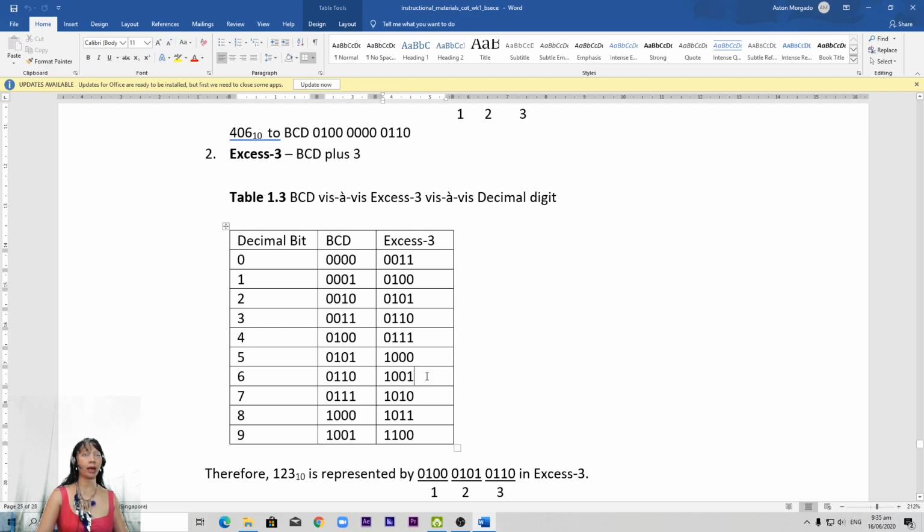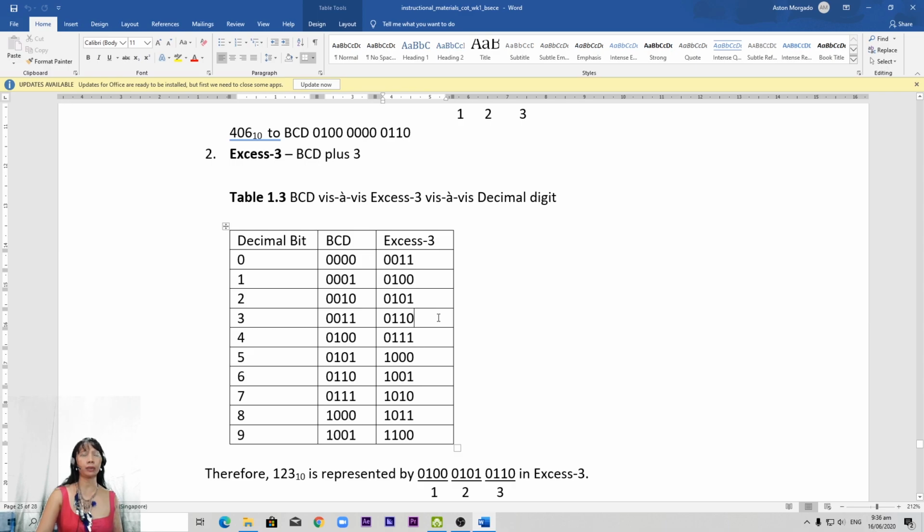For 6, 6 plus 3 is 9. So we have 1 plus 8 is 9. 5 plus 3 is 8, so we have 8 here. For 4, 4 plus 3 is 7. So we have 1 plus 2 plus 4 is 7.